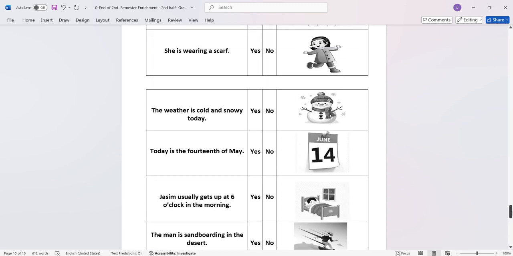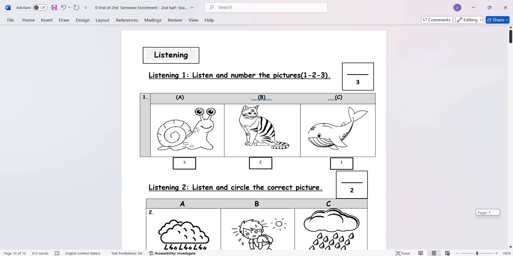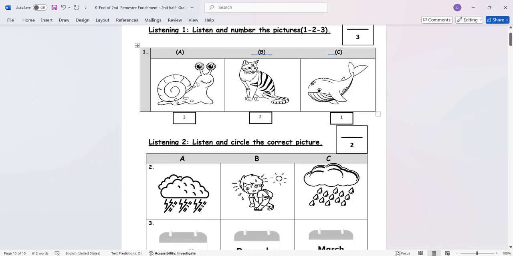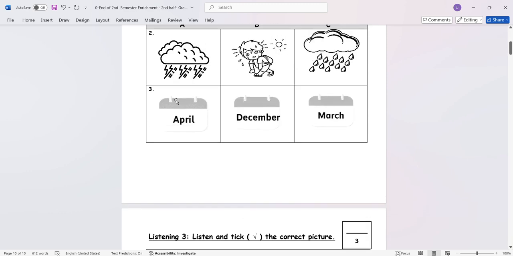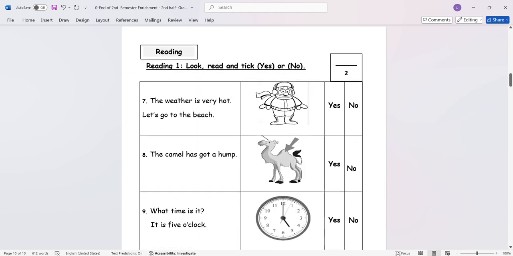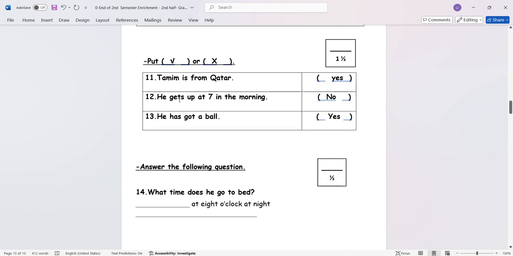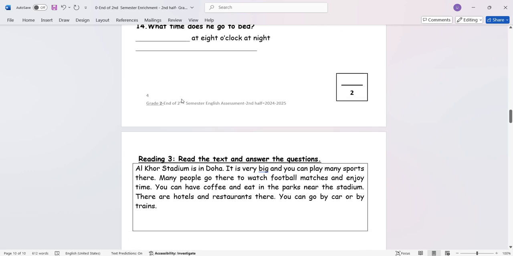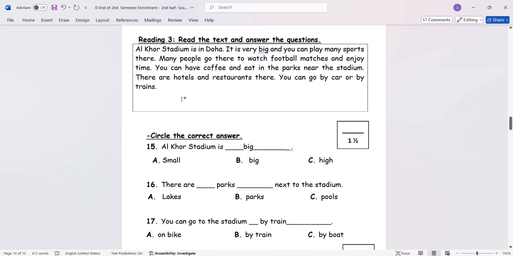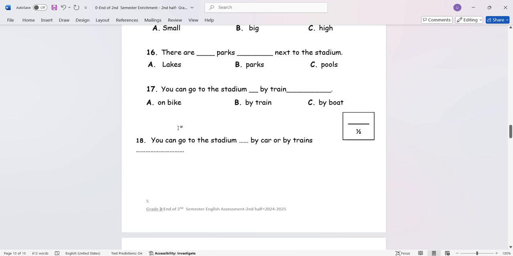Okay, if we move back and check again what we have started. We started with listening 1 and finished listening 1. Then we finished listening 2, listening 3, reading 1, reading 2, and we had some questions. Then we had reading 3, and we choose the correct answer.